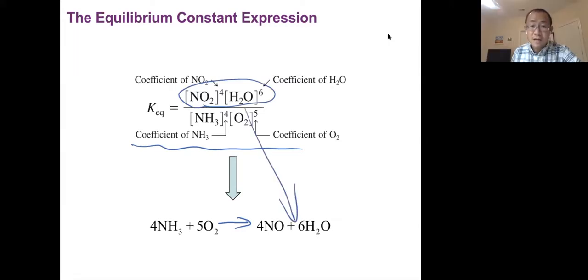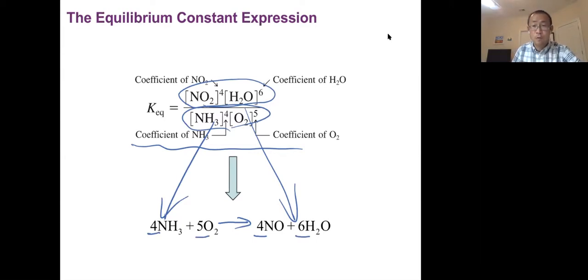A product. So I put this in the product. Things on the bottom are what? Reactants. So I put them on the left side of the arrow. And their exponents are what? Coefficients. That's why 4 is for NO, 6 is for H2O, 4 is for ammonia, 5 is for oxygen.